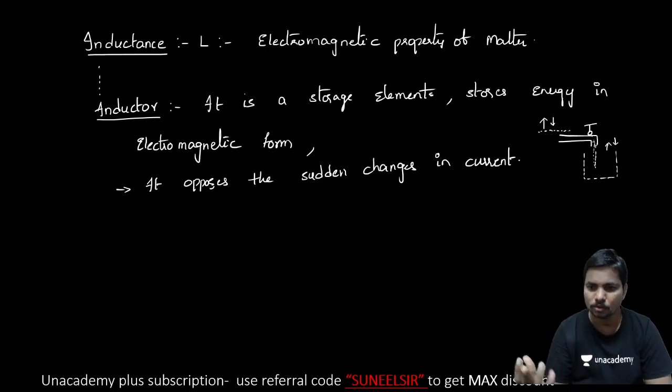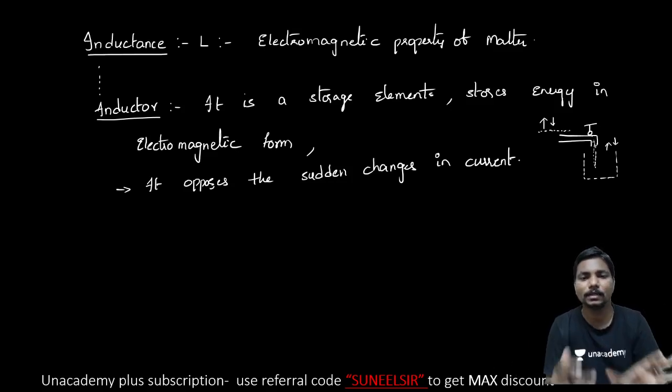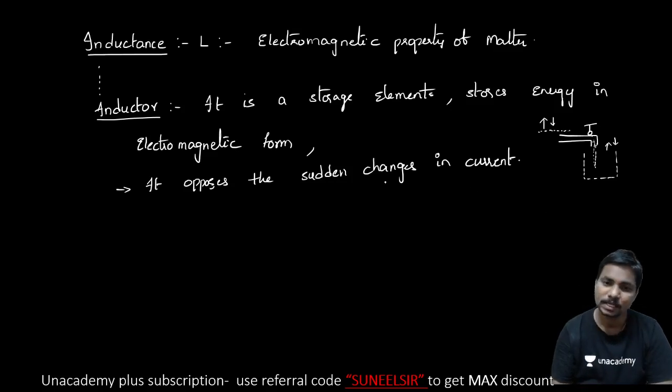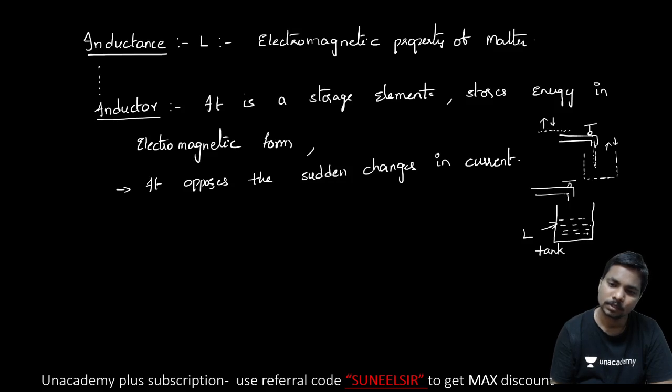Now, how does this inductor not allow, or oppose, the sudden changes? This inductor will act like a tank. We are taking the water first of all into this tank, and we are taking the output from this tank.